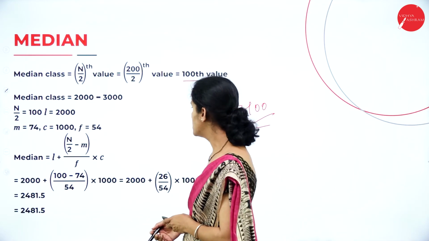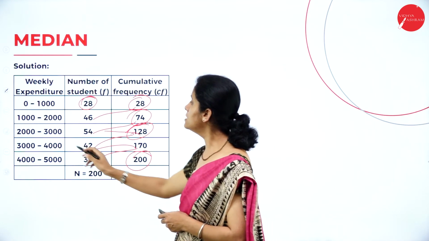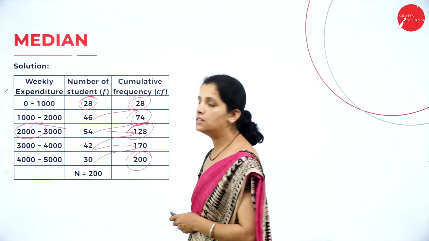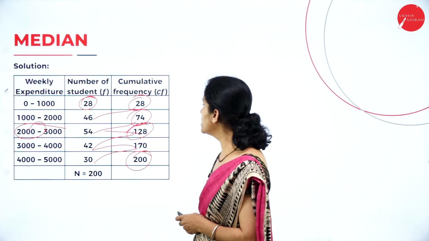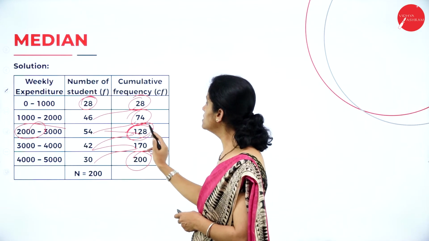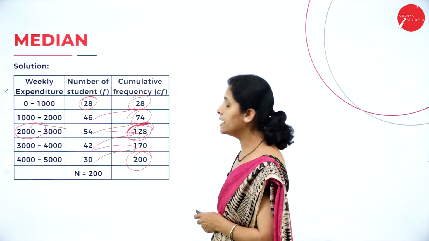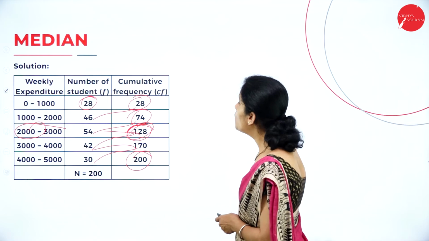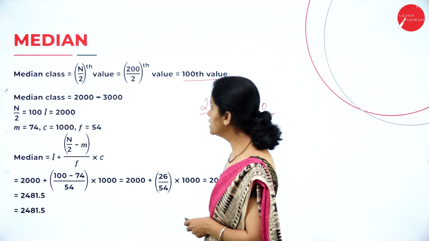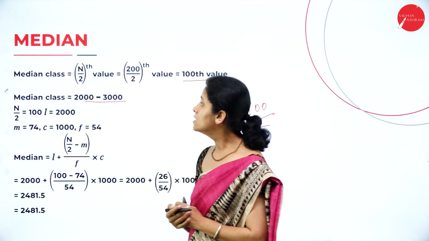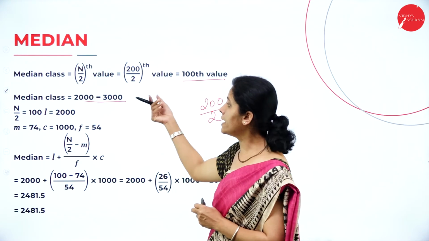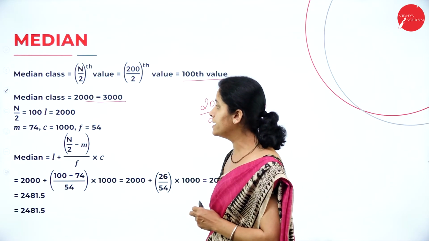Now the median class. What is the median class? That is 2000 to 3000, because the value is 100, which is nearest to 128. So the median class is the range 2000 to 3000.